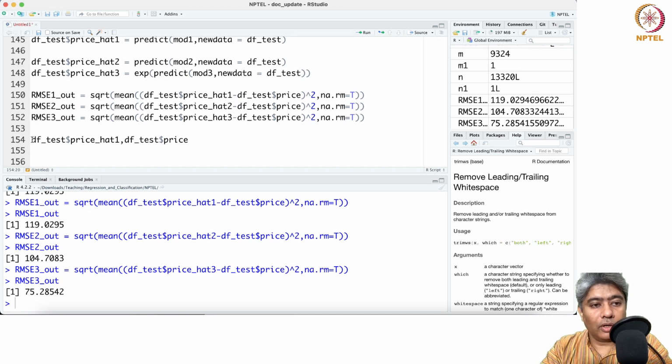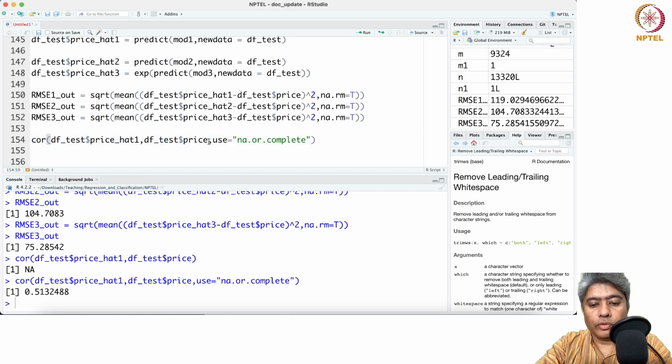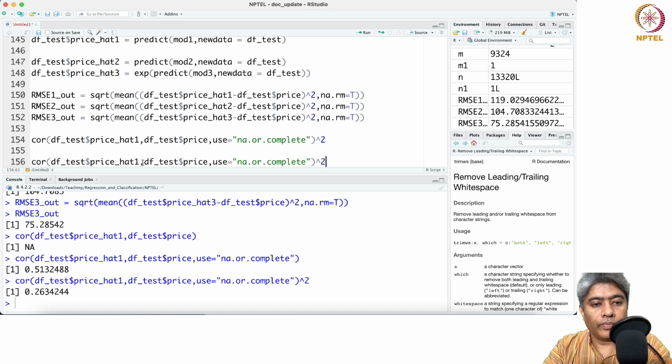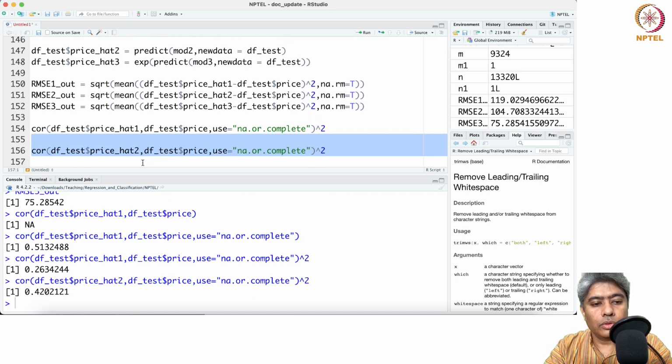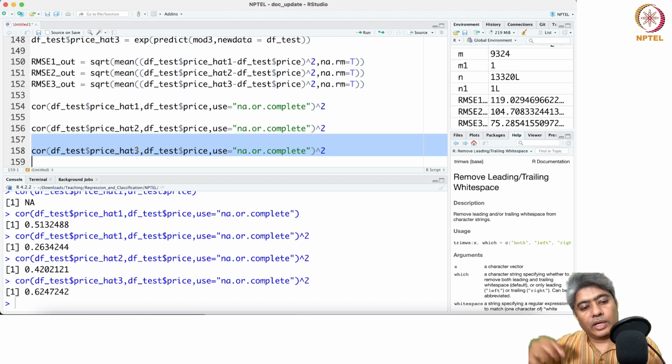Okay, and we can also compute the correlation between the two. We can just take cor, complete, yeah, and if you just take the square, this is really less, and then 42%, and then for the third, the approximate R square is 62% out of the sample.